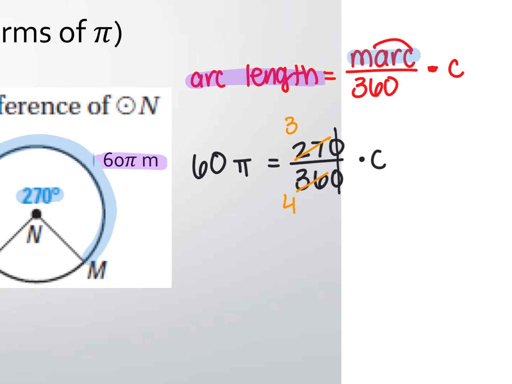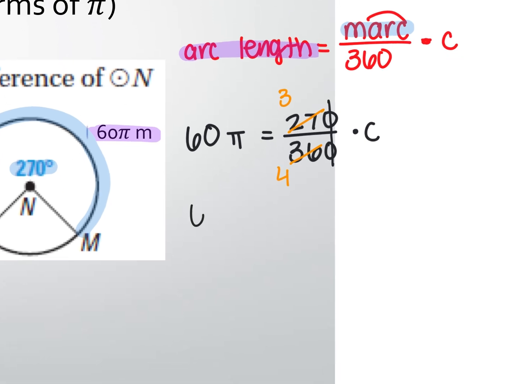Okay, so I'm just going to rewrite it so it looks a little neater. I'm going to have 60 pi equals 3 over 4 times c. Trying to get c by itself. How do I get rid of that 3 over 4? Jonah? Multiply 60 by 4.